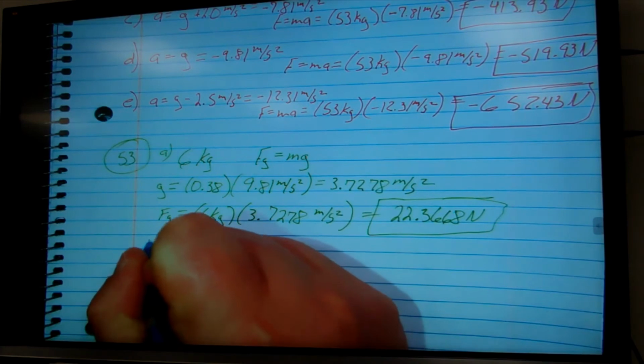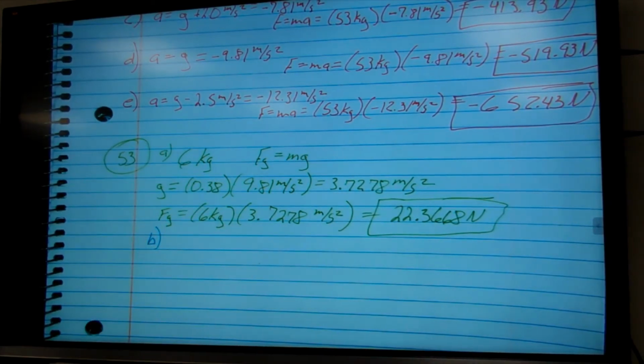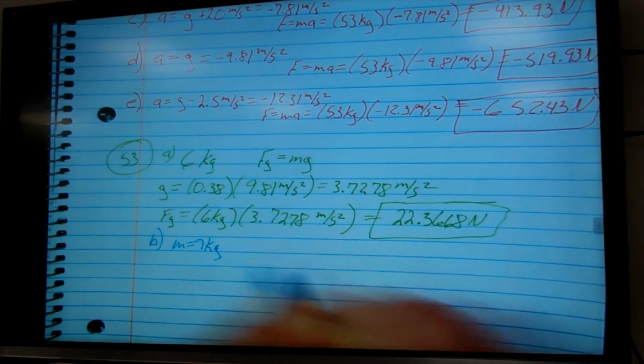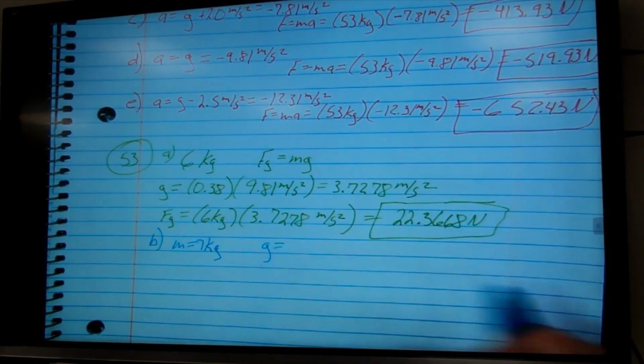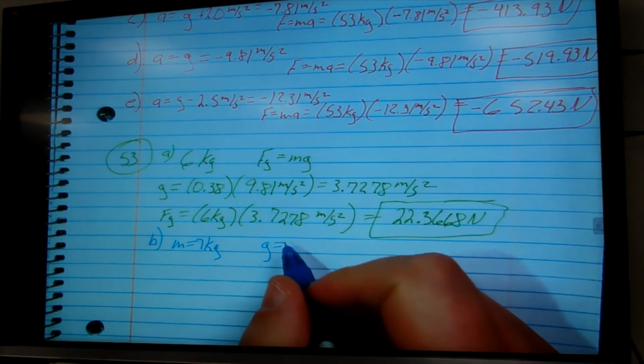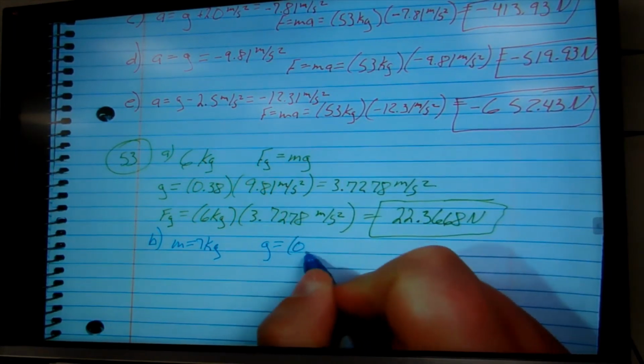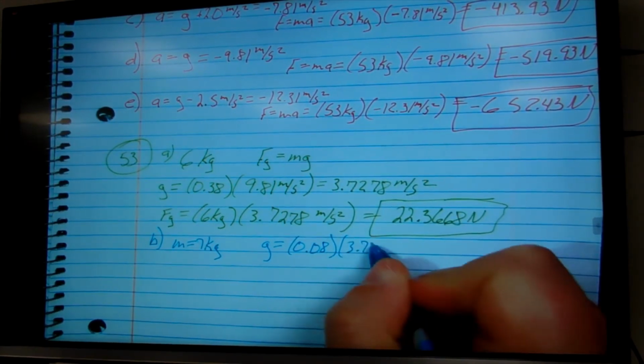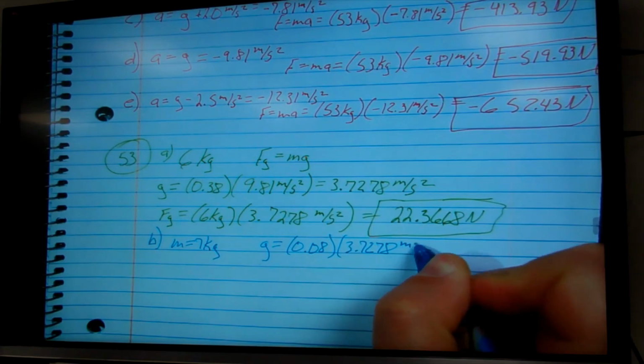Part B. So FG is weight? Yes. Okay, that helps. If the gravitational field on the surface of Pluto is 0.08 times that of Mercury, what would a 7 kilogram mass weigh on Pluto? So now we have a new mass, 7 kilograms, and we have to find a new gravity, because gravity on Pluto is equal to 0.08 times the gravity on Mercury, 3.7278 meters per second squared.